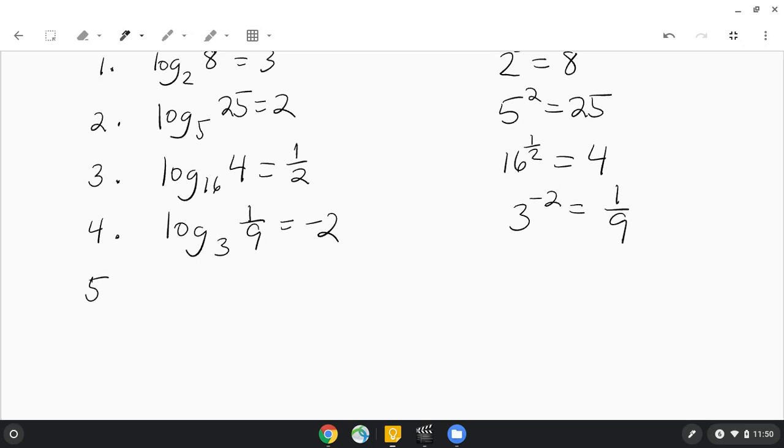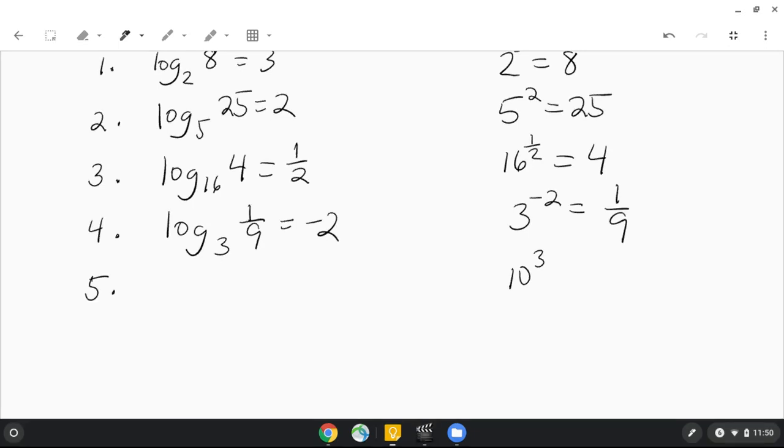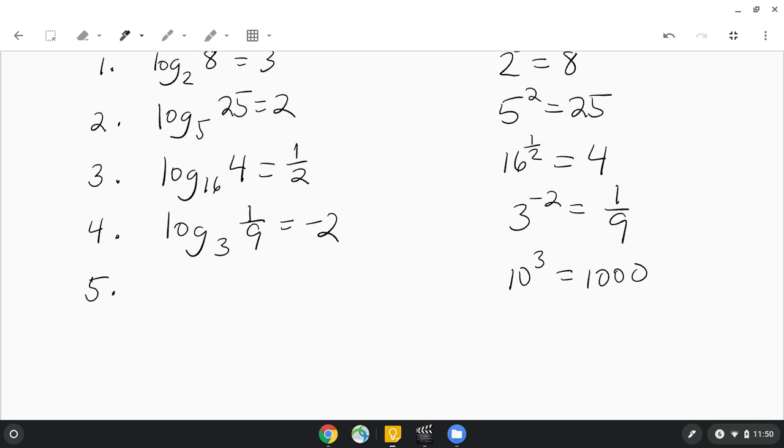Okay, so here, for the next 4 problems, let's go the other direction. Let's start with the exponential form, and let's see if you can go to log form. Suppose that I have 10 to the third power equals 1,000. Okay, so 10 to the third power does equal 1,000. If I want to write the log form of this, then we will use log.